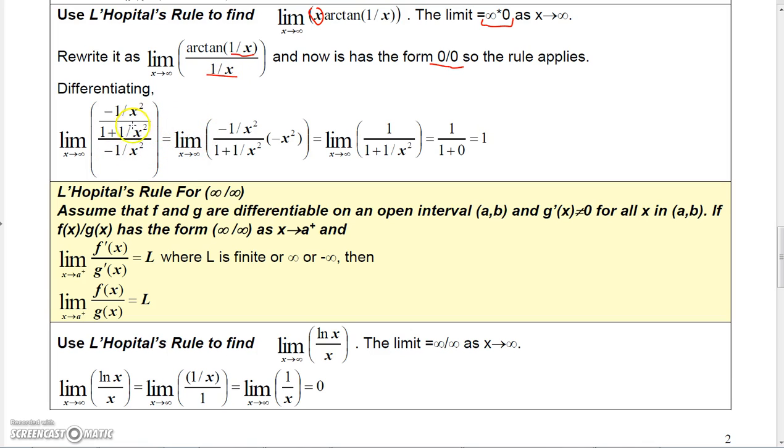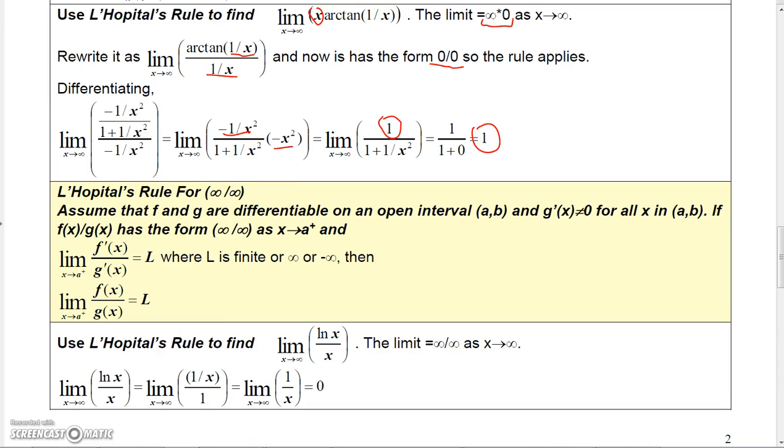Well, if you simplify this, basically what you're going to get is minus 1 over x squared over 1 plus 1 over x squared, times minus x squared. But the minus x squared multiplied by this is just going to give me positive 1, so I get 1 over 1 plus 1 over x squared as x goes to infinity, and so that's just going to go to 1 over 1 plus 0, which is 1. So there you have it.